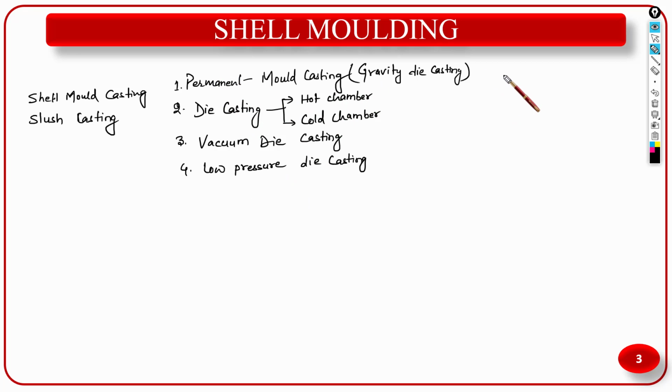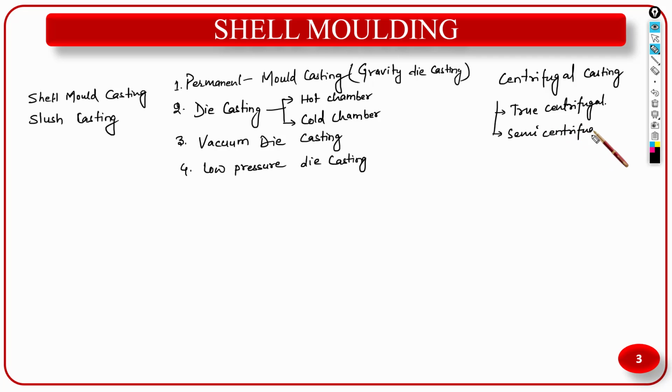Next we will talk about centrifugal casting. Under this there are three methods: one is true centrifugal, then semi centrifugal, and then centrifuging casting.